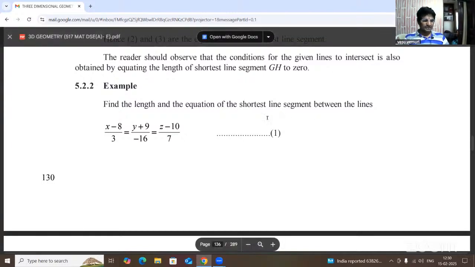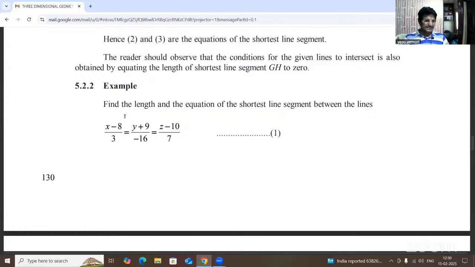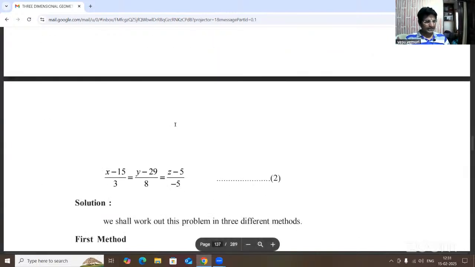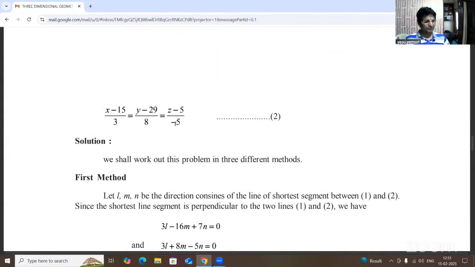Here one symmetrical line has point x1 equal to 8, y1 equal to minus 9, z1 equal to 10, which is a point on the line, with direction ratios 3, minus 16, 7. The second symmetrical line is x minus 15, y minus 29, z minus 5, with direction ratios 3, 8, minus 5.